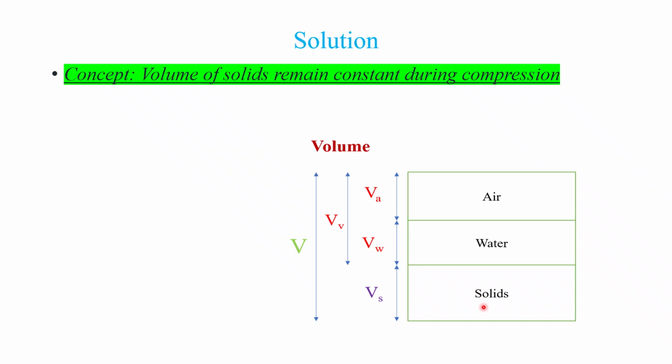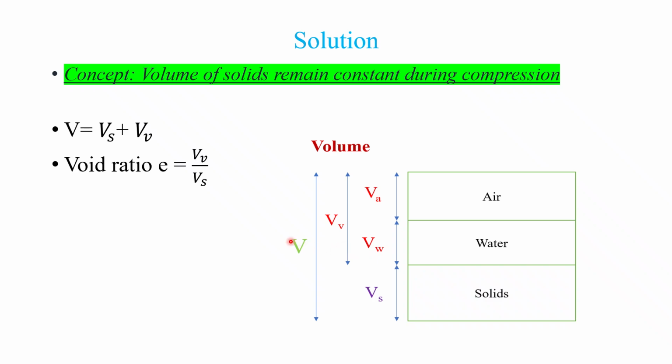To understand this, let us revisit our three-phase diagram. When compaction or compression takes place, voids may get removed, but volume of solids will not change. Total volume V is the sum of volume of solids and volume of voids.